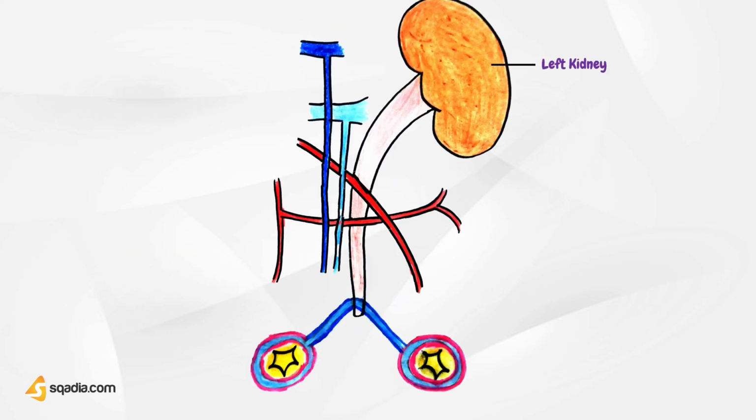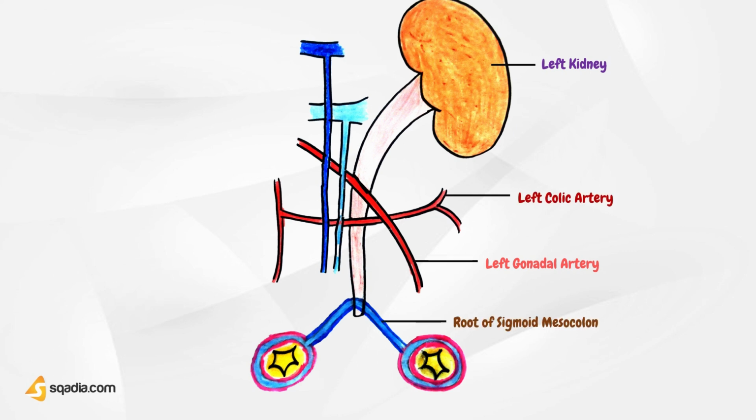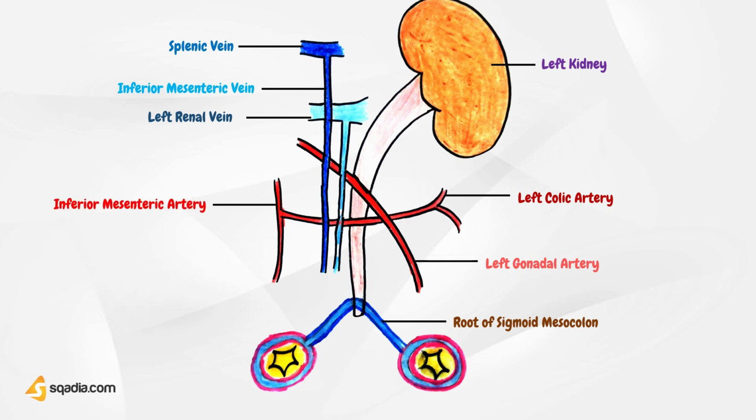On the left side, the ureter is related to gonadal artery, left colic vessels, and sigmoid mesocolon, while this is splenic vein. This is inferior mesenteric vein. This is left renal vein. This is inferior mesenteric artery. And this is gonadal vein.